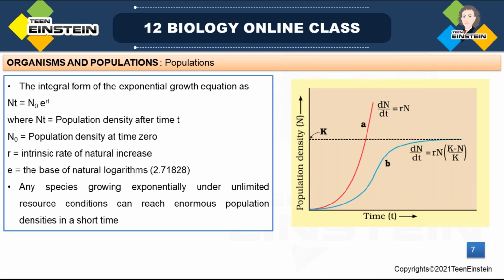By utilizing that, the species is growing in number, which means the number of individuals in that population is getting added in a short period. So the population density is getting increased. So here dN by dt is equal to rN. Okay.